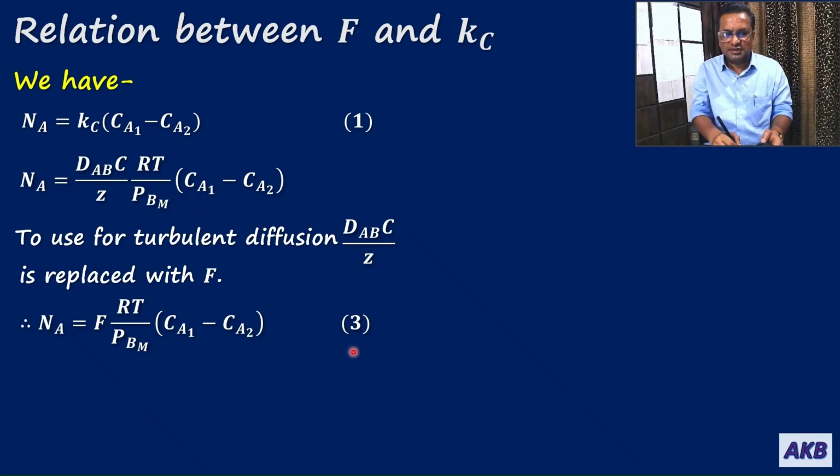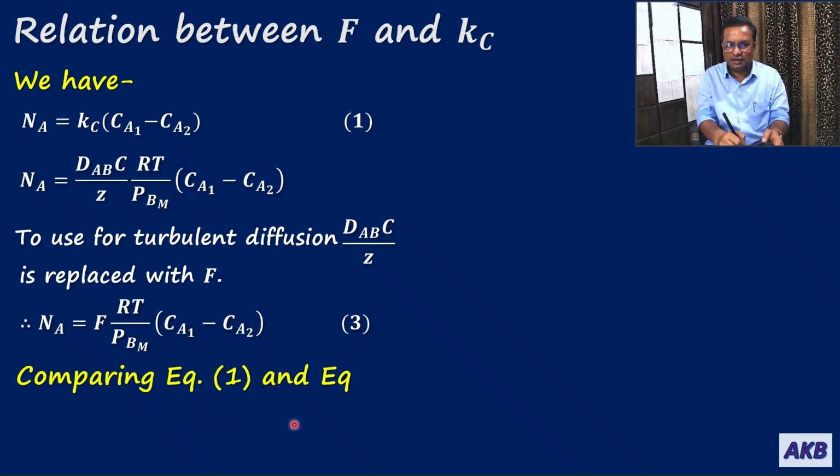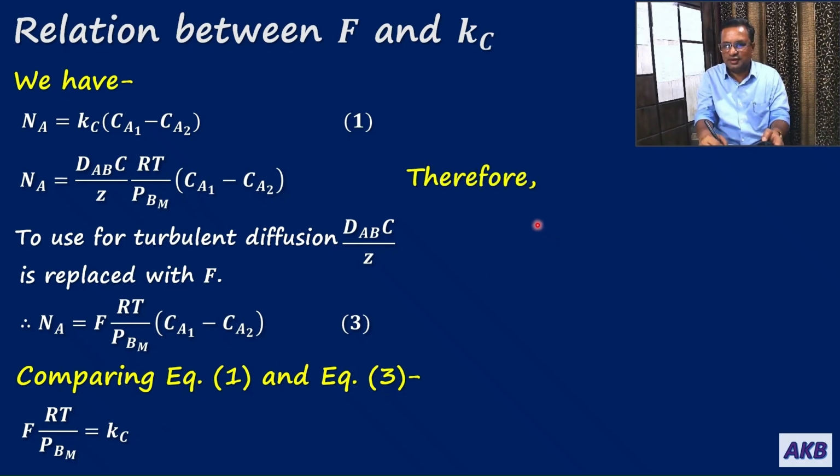Now the task is, I will be comparing equation 3 with equation 1. In equation 1 you have NA, CA1 minus CA2. So comparing equation 1 and 3, I get F into RT by PBM is equal to Kc. And the required relation can be obtained by rearranging it.